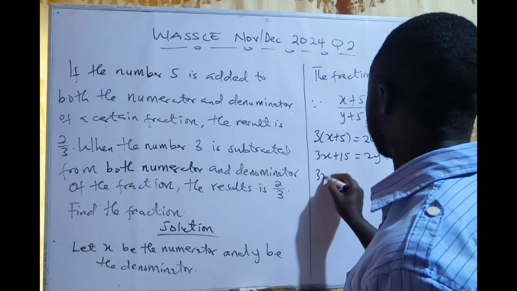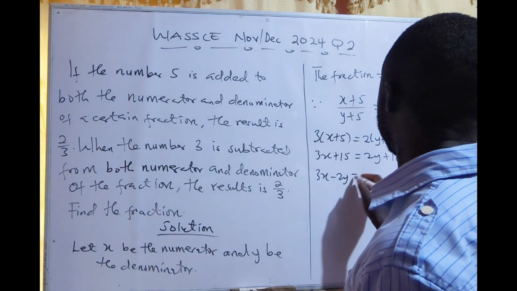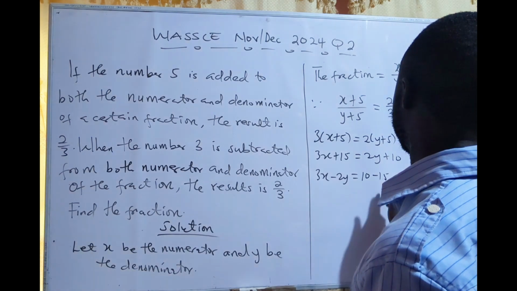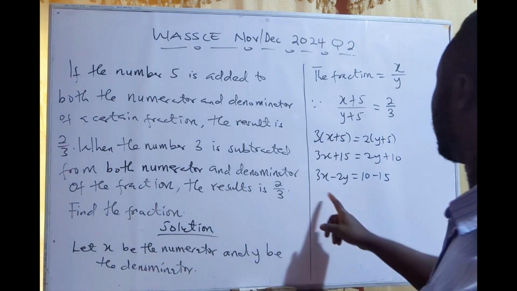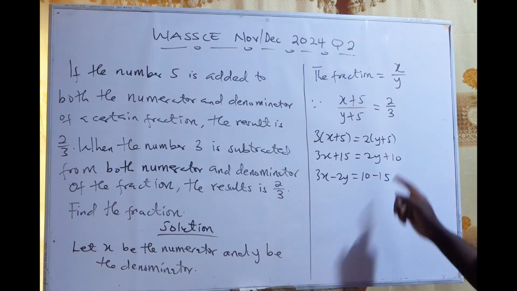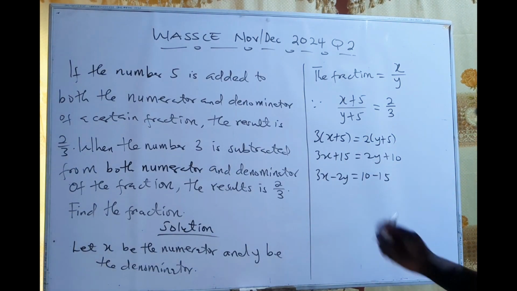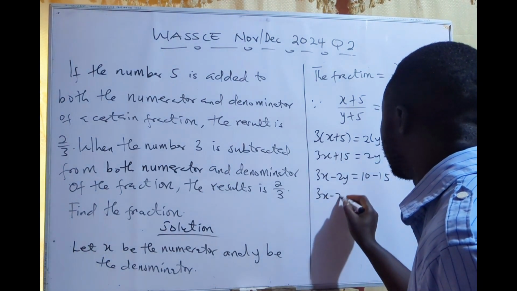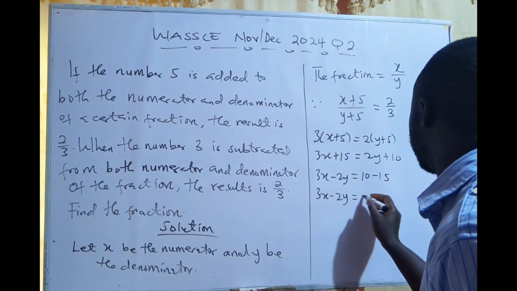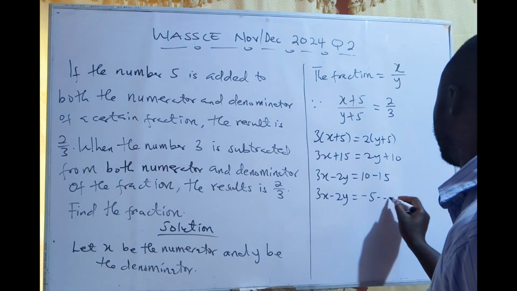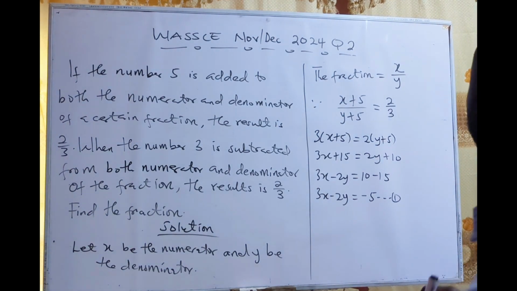So we have 3x minus 2y equal to 10 minus 15. The 2y will come here to be minus 2y, and the 15 will come here to be minus 15. So we have 3x minus 2y equal to negative 5. Let's put this down as our equation 1.